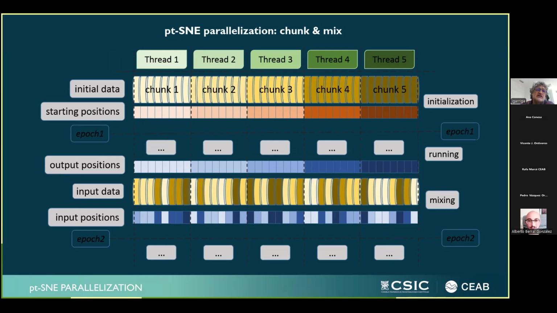Then there is a master process that pulls the partial mappings that come out from these independent threads, mixes them, rechunks them again, and starts the process again. This chunk and mix process is done for several epochs until it converges.